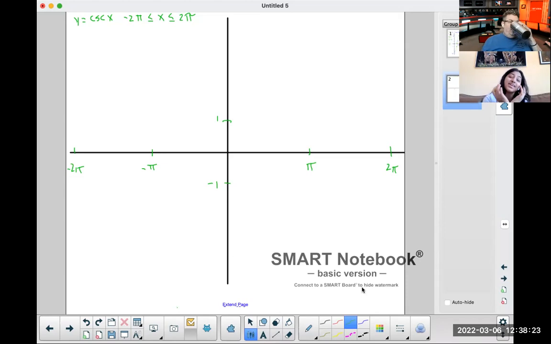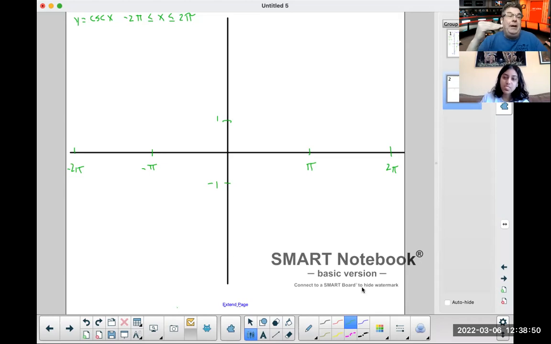I was taking 1 over tangent for some reason, saying cotangent instead of cosecant, so that's my bad. But it's actually the same thing, because for cotangent and cosecant, sine is in the denominator.